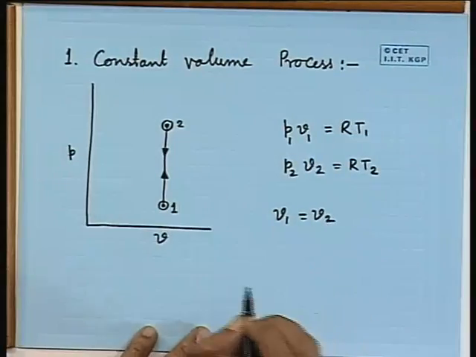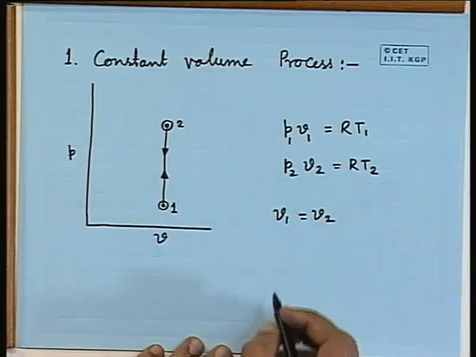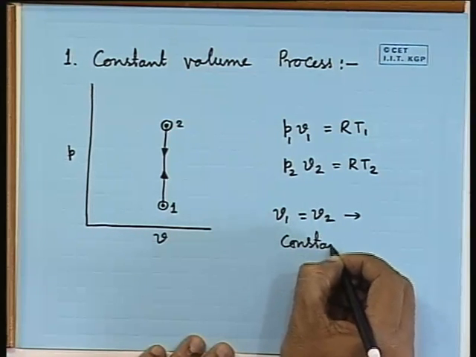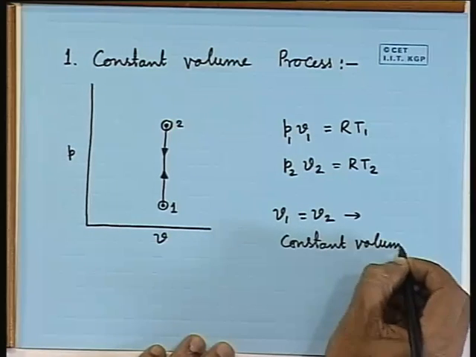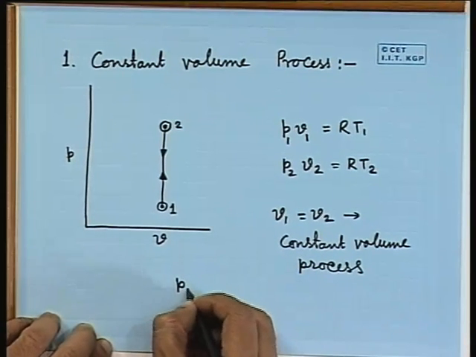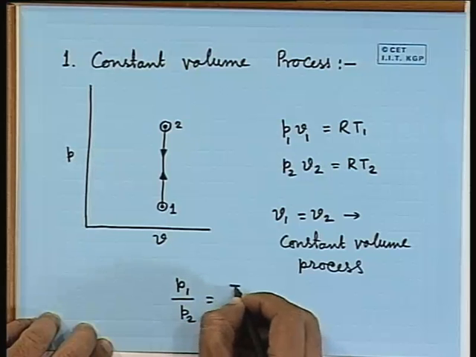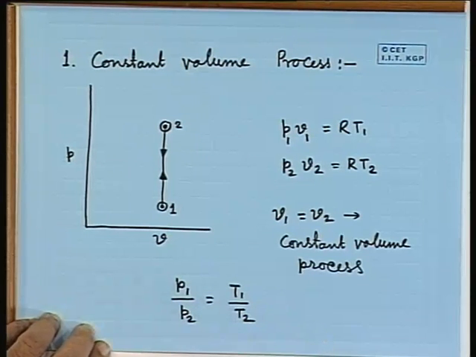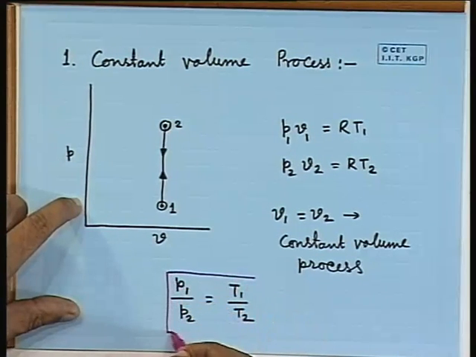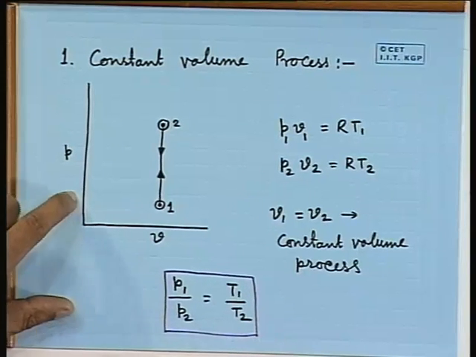We can write these relationships. And if it is a constant volume process, then we can get V1 is equal to V2. So, for constant volume process, then we get P1 by P2 is equal to T1 by T2. So, this is the property relationship for a constant volume process: P1 by P2 is equal to T1 by T2.